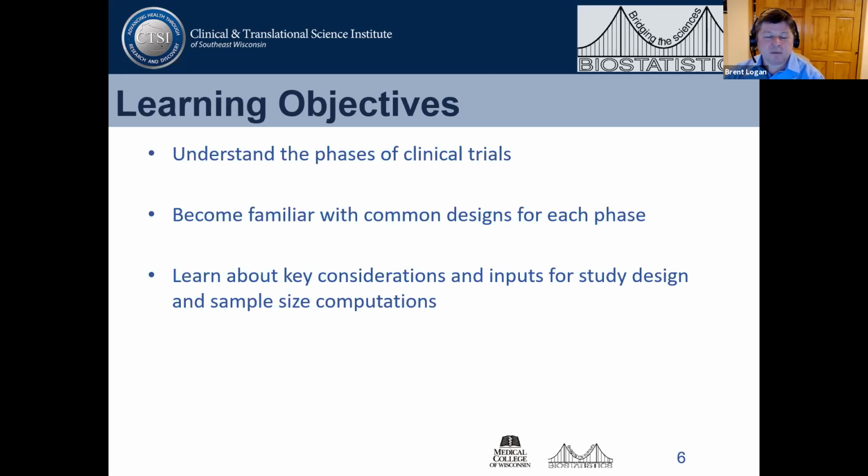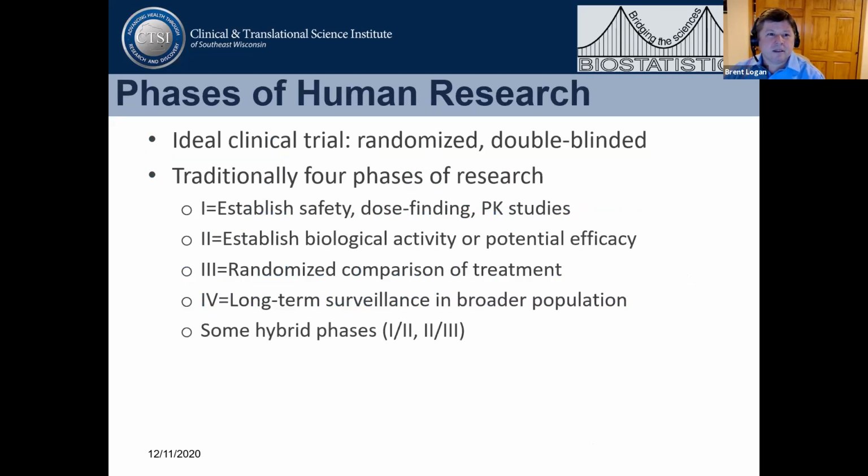So the typical phases of human research: the ideal clinical trial that you want to get to, to have a definitive answer about the effectiveness of the treatment, is typically a gold standard randomized double-blinded trial. But there are traditionally 4 phases of research to get there. Phase 1 establishes safety and does dose finding and PK studies.